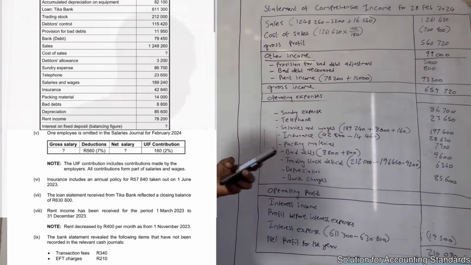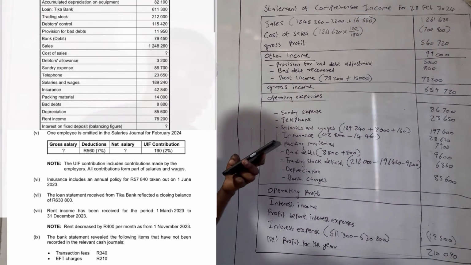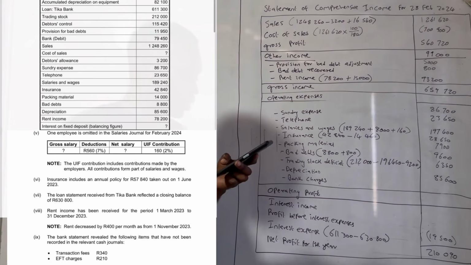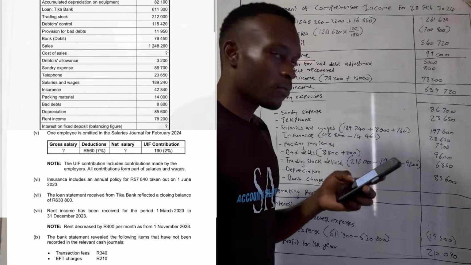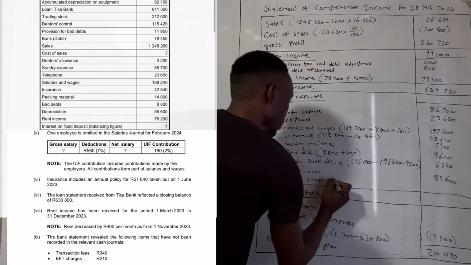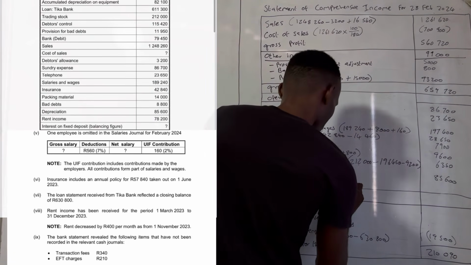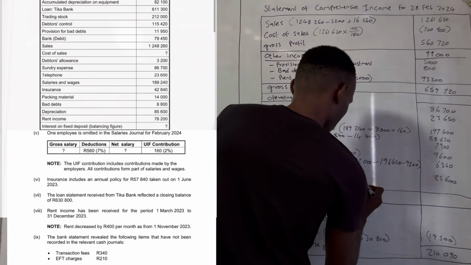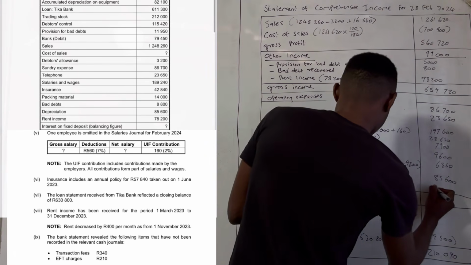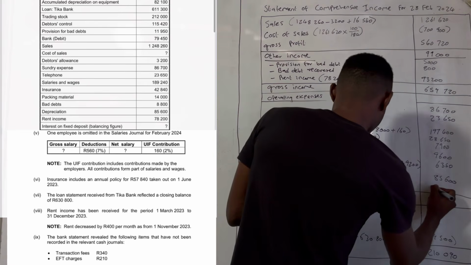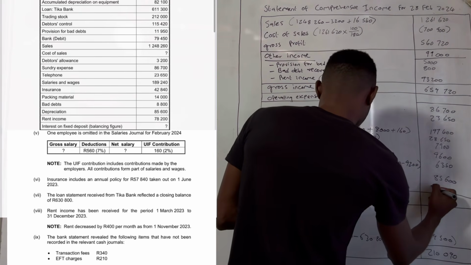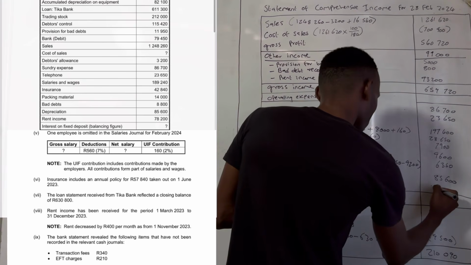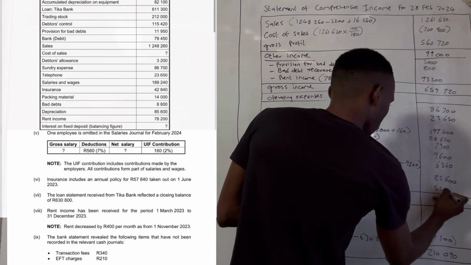Bank charges: the bank statement reveals the following items that have not been recorded in the relevant cash journal. Transaction fee and EFT, you just add them together, they will give you bank charges. 340 plus 210 is gonna give you 550.